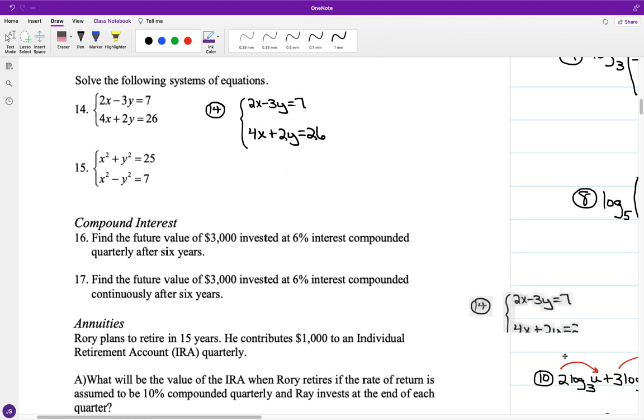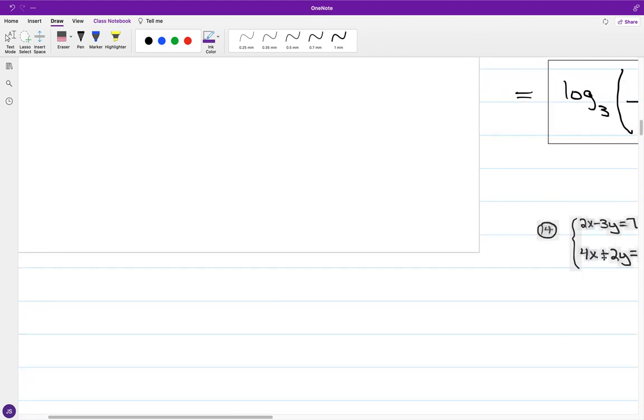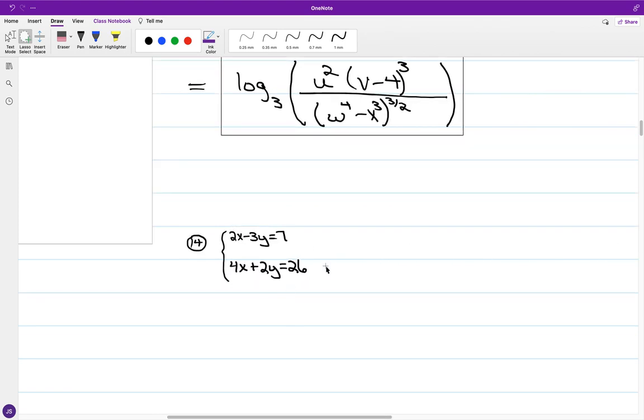Looking at number 14, we don't have additive inverses, but we can make an additive inverse set out of what we have in x or y.